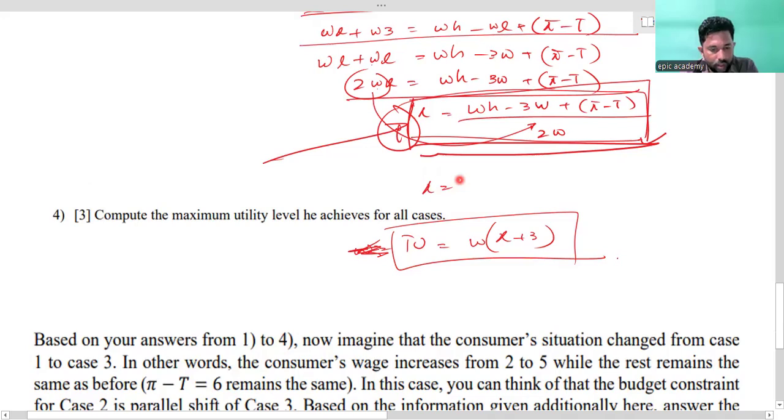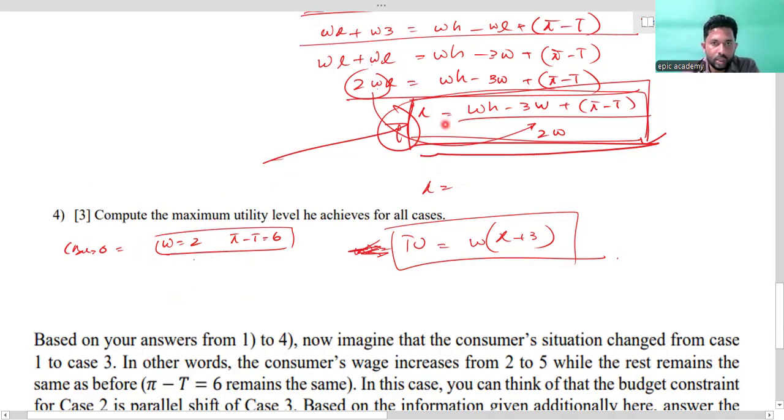With cases, I will calculate only one, okay? In case number 1, the wage is 2 and 5 minus T is just 6. Those are the values given in the question.